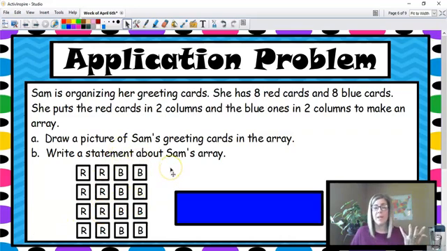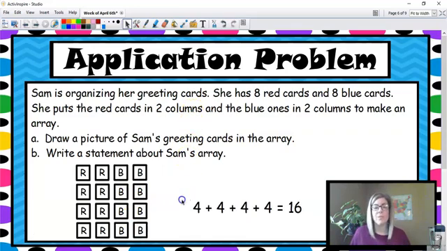And if we compose that array, that group of items in columns, because it says columns, then we can write a statement about that. 4 red cards plus 4 red cards plus 4 blue cards plus 4 more blue cards is 16. If we were to write a statement, we would write, Sam has 16 greeting cards.